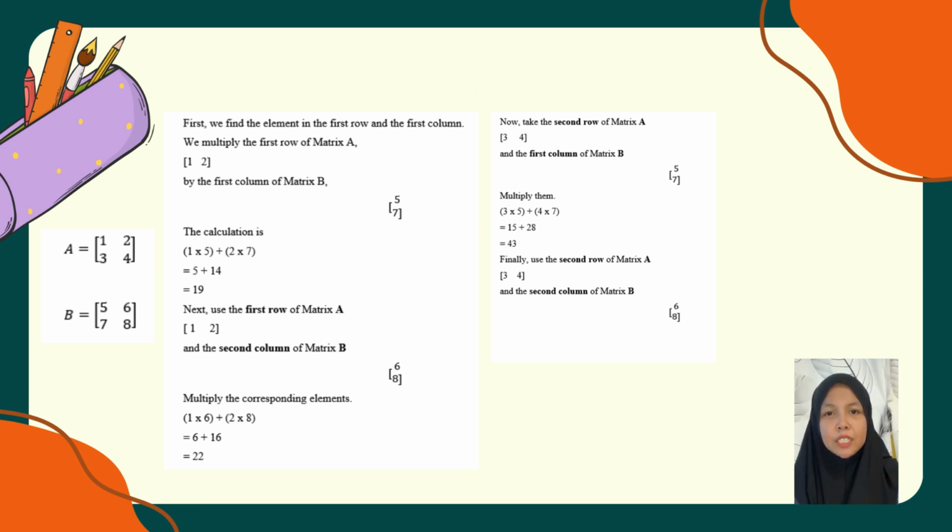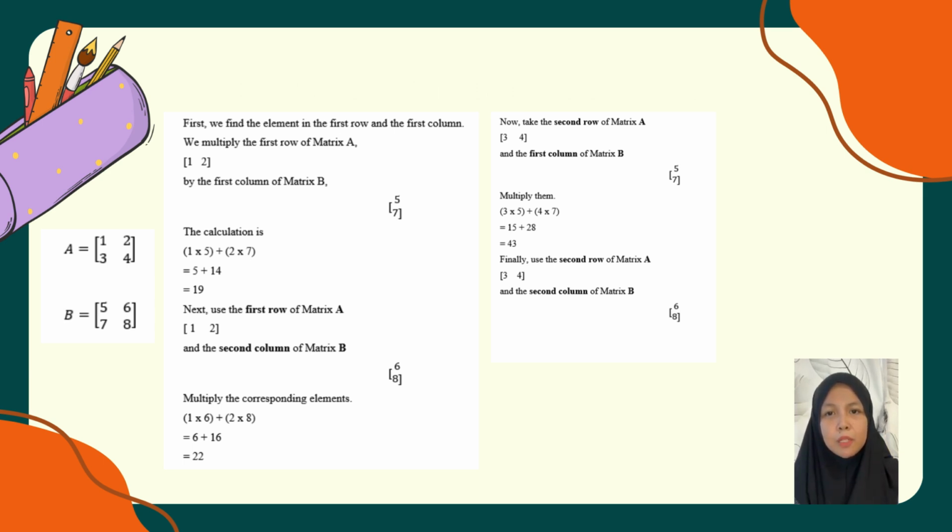The calculation is 1 multiplied by 5 plus 2 multiplied by 7 equals 5 plus 14 equals 19.